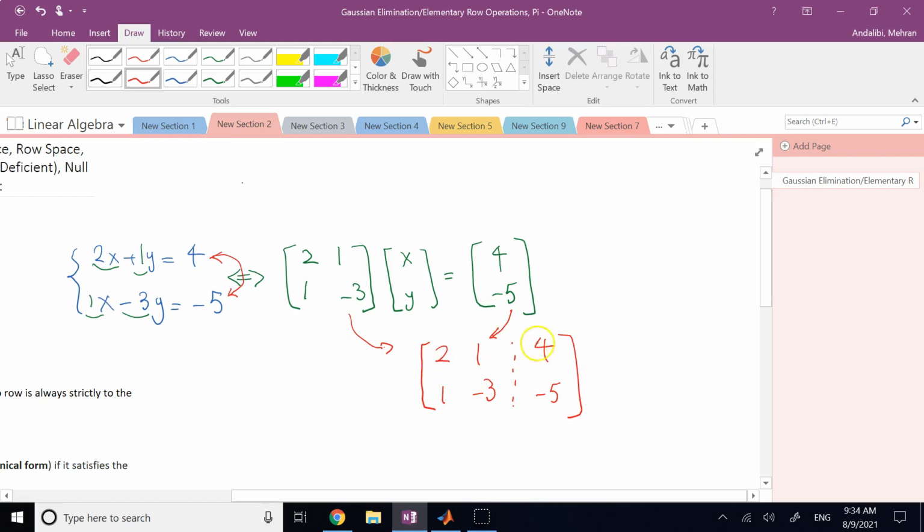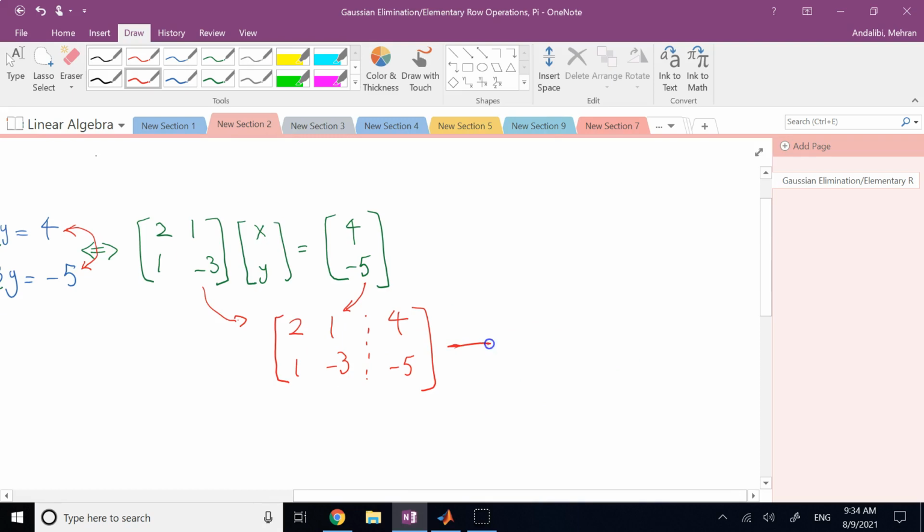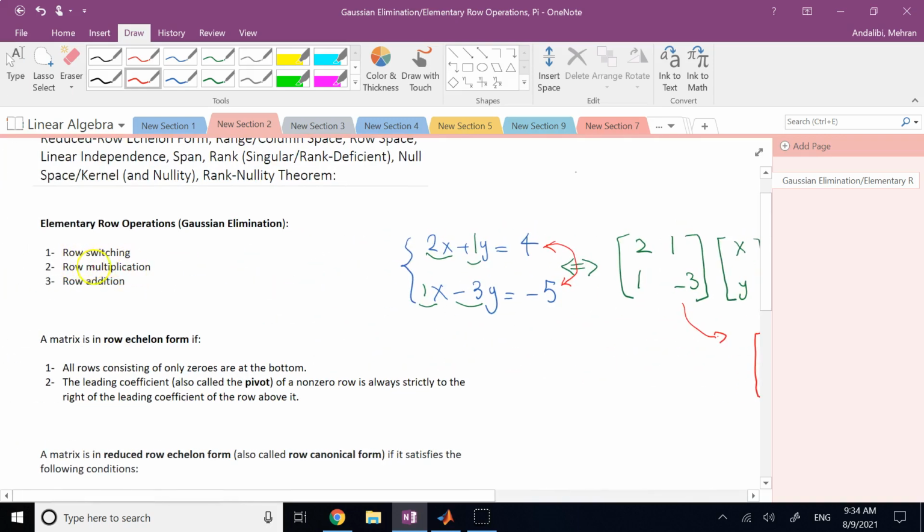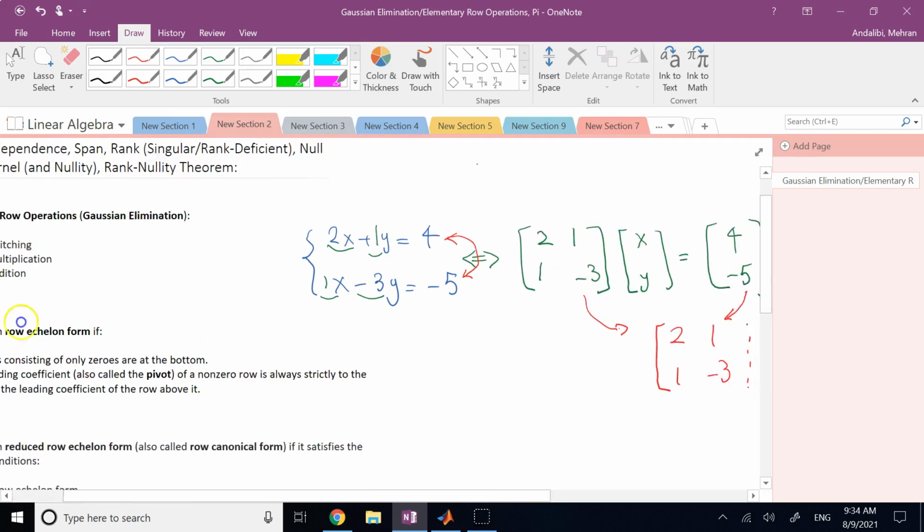So as I said, if we swap the first row and the second row, all of it, right? So if I write it like this, for example, this is going to be the same equations, right? The answer is not going to be any different. The other thing is if you multiply a row by a constant, right?